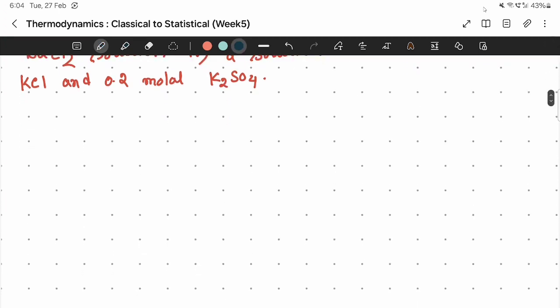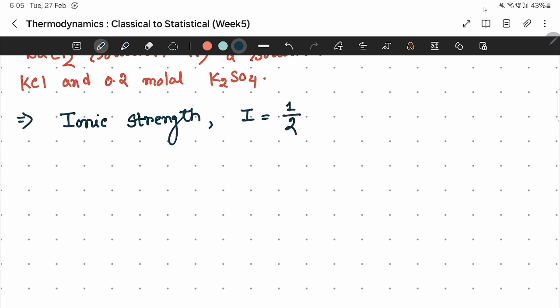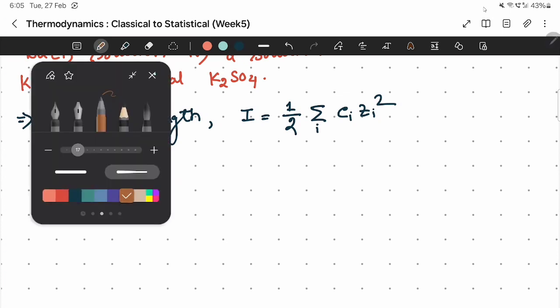Okay, so what was ionic strength? Ionic strength is denoted by I and defined as half times the sum over i of Ci Zi squared. What is Ci and what is Zi here?